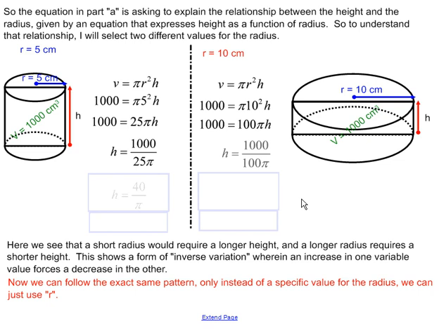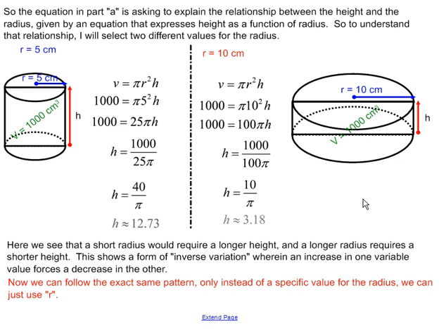Reducing those fractions gives us 40 over pi for one height, and 10 divided by pi for the other. And a quick decimal approximation gives us a height of 12 centimeters for the first cylinder and a height of 3.18 centimeters for the second cylinder. So it confirms my suspicion that a larger radius will require a smaller height, and a smaller radius will require a larger height. So now all we have to do is see if we can generalize that.